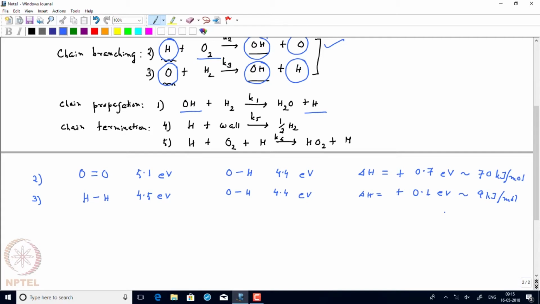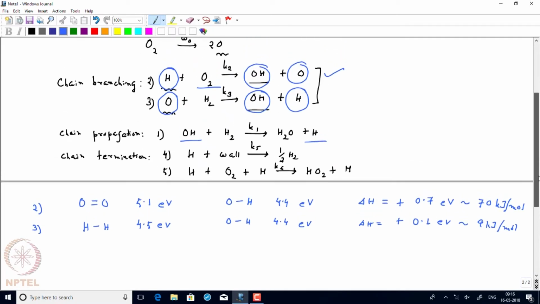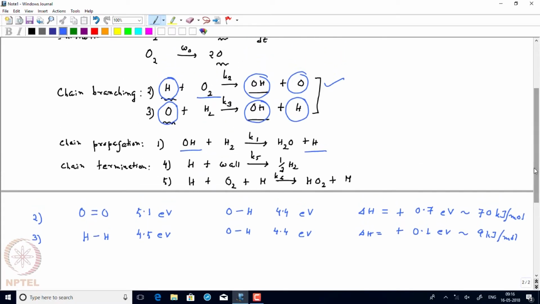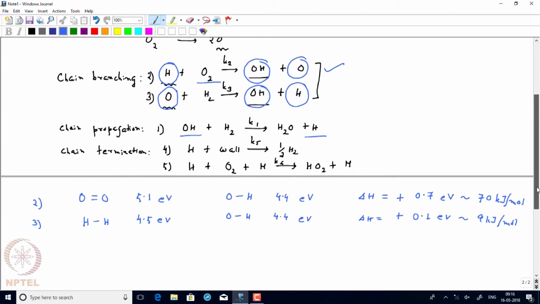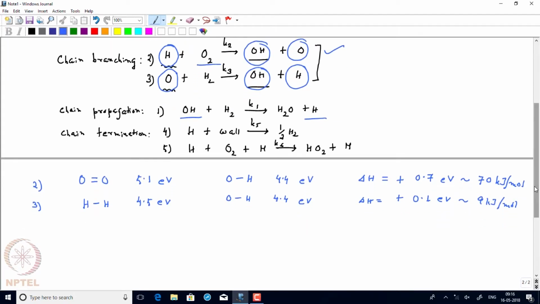The free radical present in this mixture is mostly the H radical, because the H radical is the controller of this reaction, as you can see that we have written the termination also for H radicals but not for O radicals. Since the H radical is the controller of this reaction, we are writing this, let me use some other color.